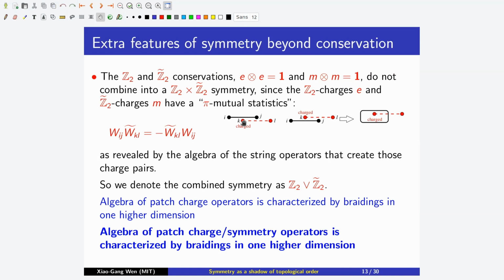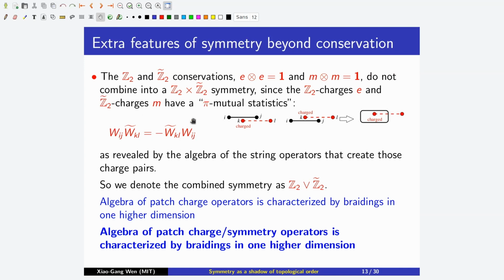You don't have access to a charged object. But by forming an extended operator from local operators, the end point or boundary of the extended operator represents a charged object. And the charged object may have interesting properties. And here I want to say that this end of string, this charged object, can have a non-trivial mutual statistics.